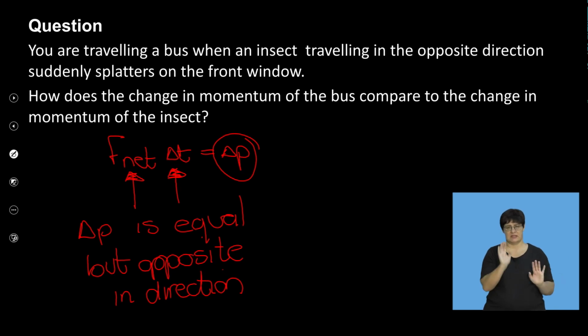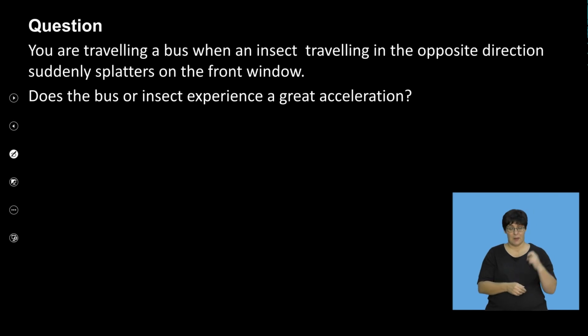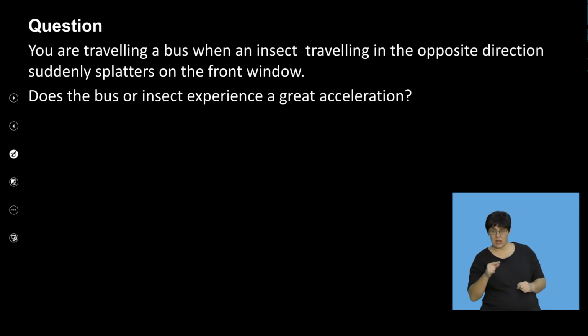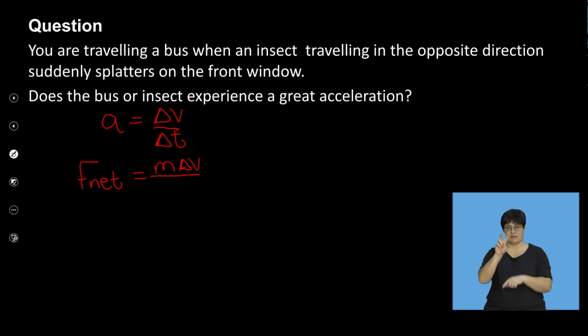straightforward. Last question, and this is the very important one. Does the bus or insect experience a greater acceleration? Here they want you to remember that acceleration is change in velocity over change in time. We go back to the fact that F net is change in momentum, so I'm going to do this as m delta v over delta t. This is all about mass.